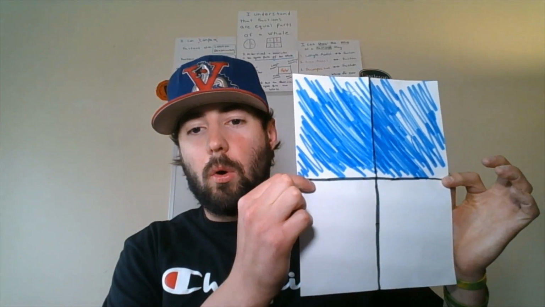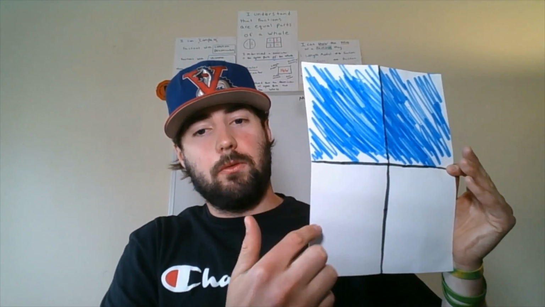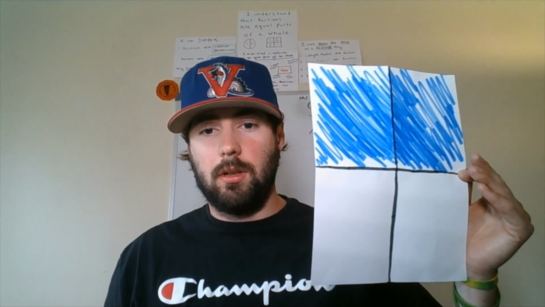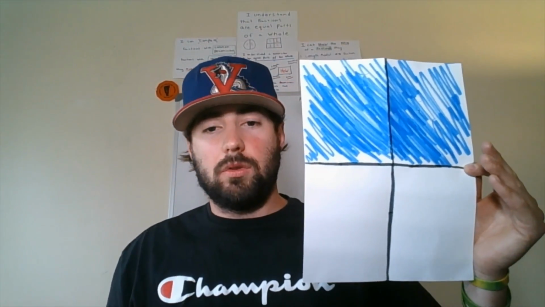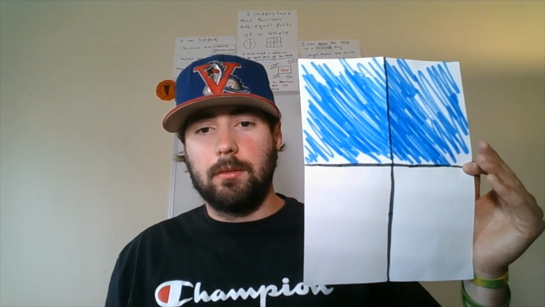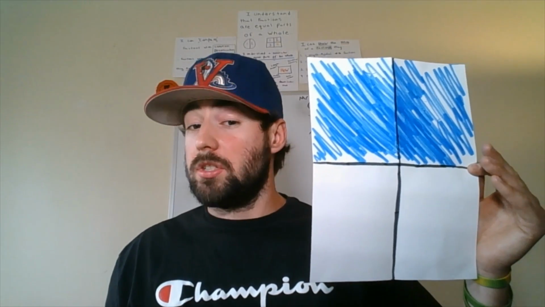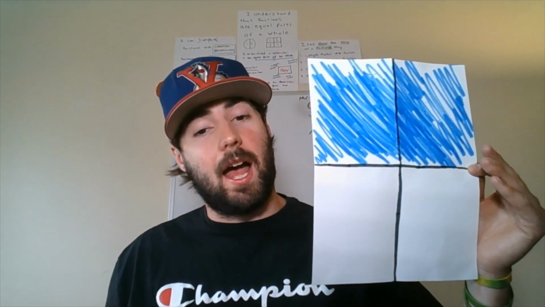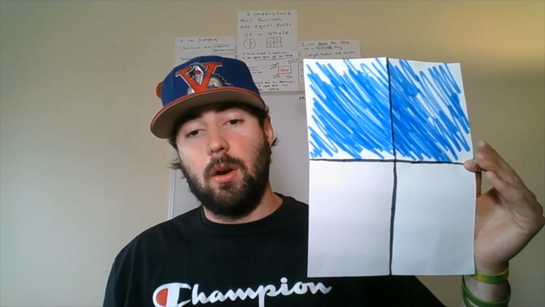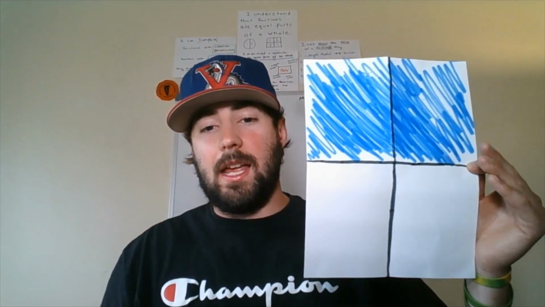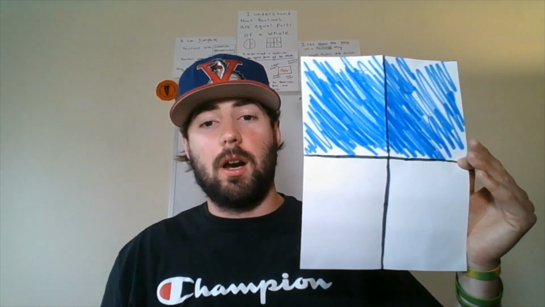I made the whole into 1, 2, 3, 4 equal parts, but we're only trying to find something that is the same as 1/2. What we did by partitioning that half into 2 parts was make 1, 2, 3, 4 fourths.